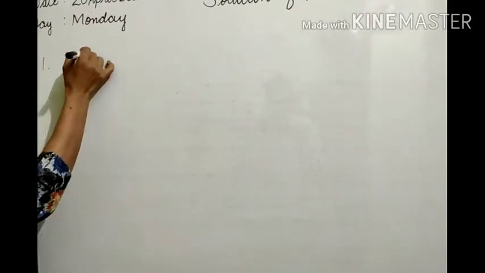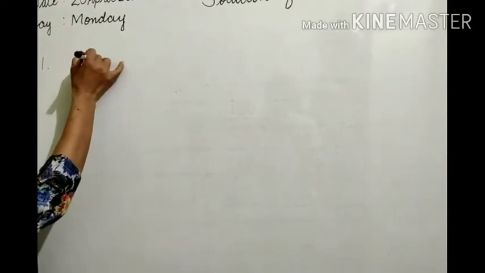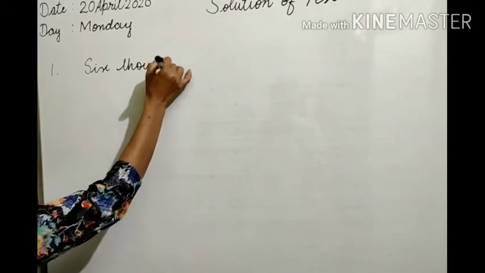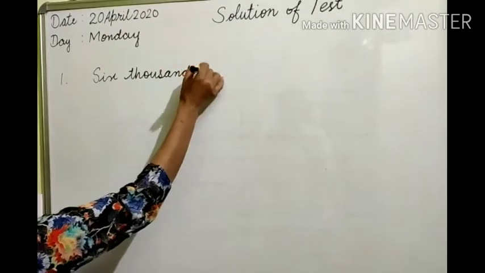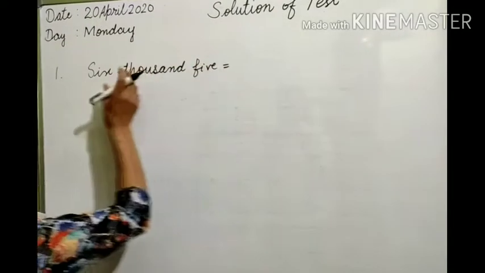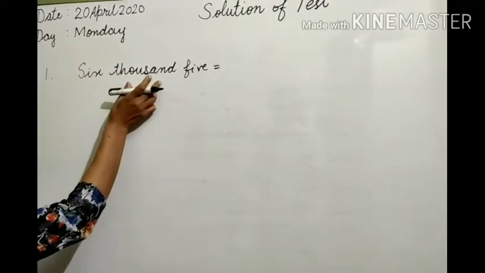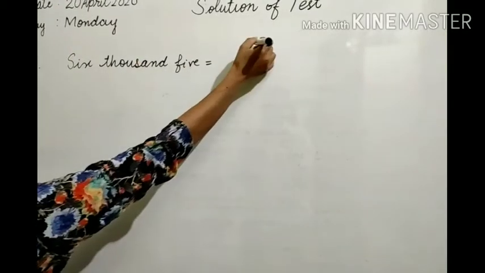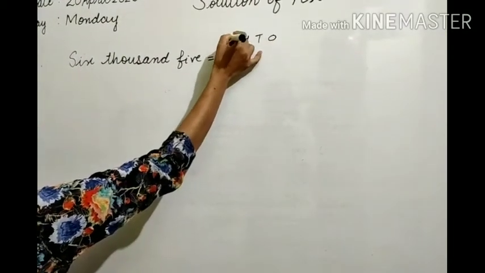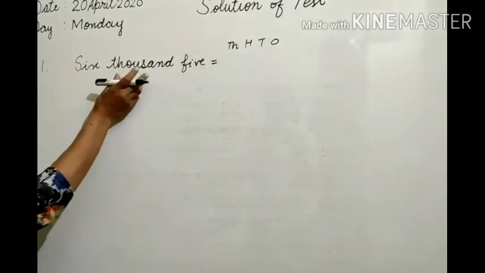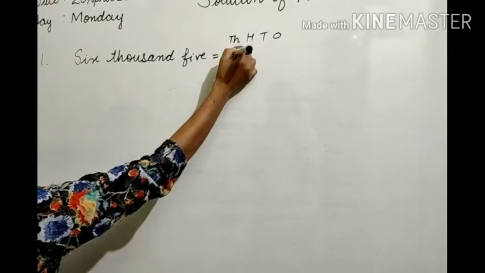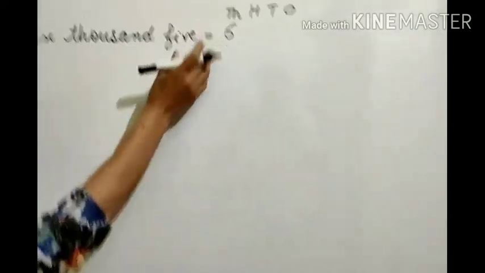The numeral for 6005. How will you write it? We write places up to the thousands place. With thousand, a 6 sound is coming, so below thousands you will write 6.